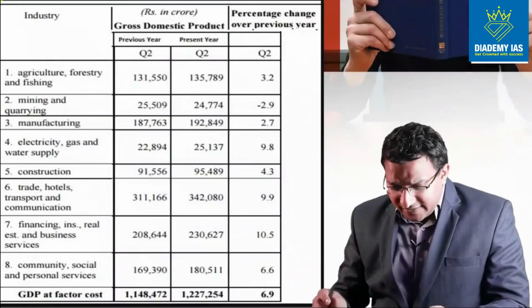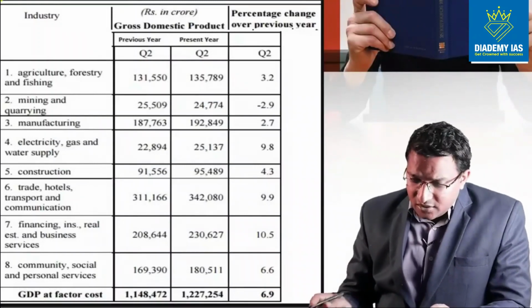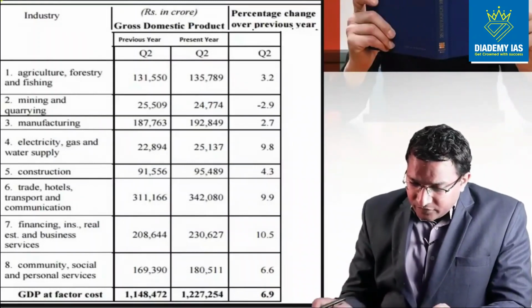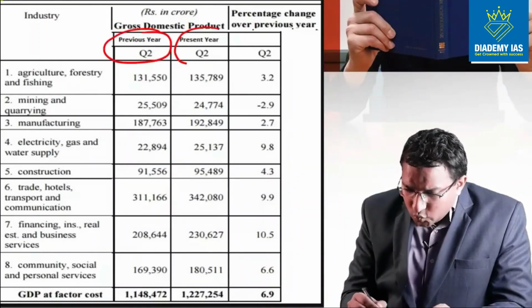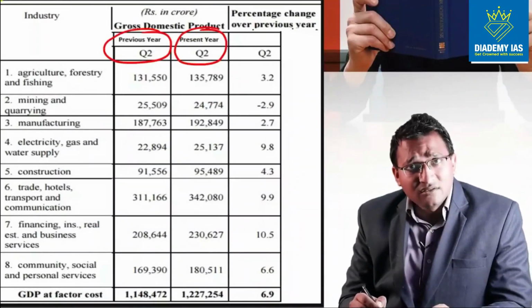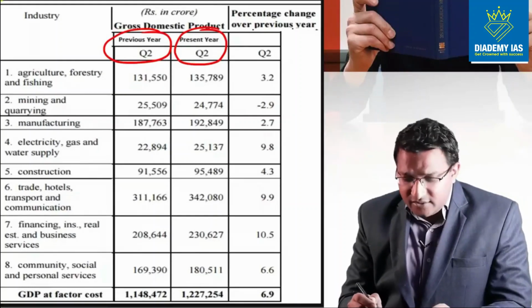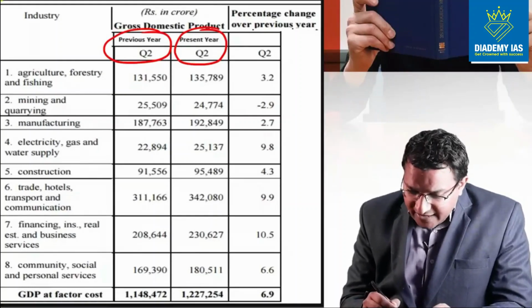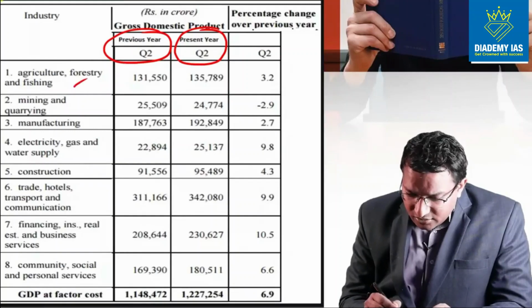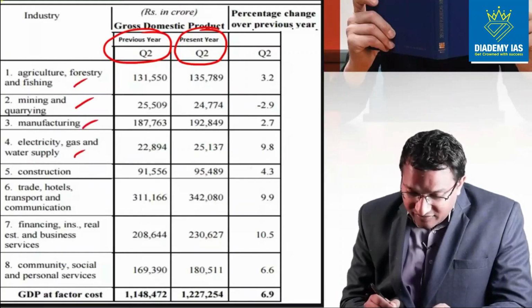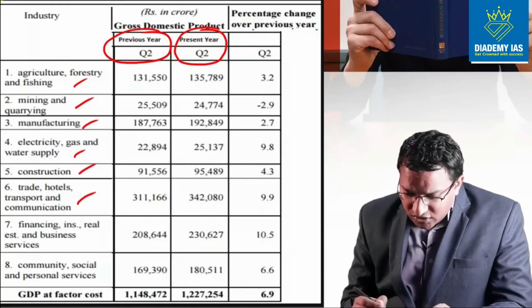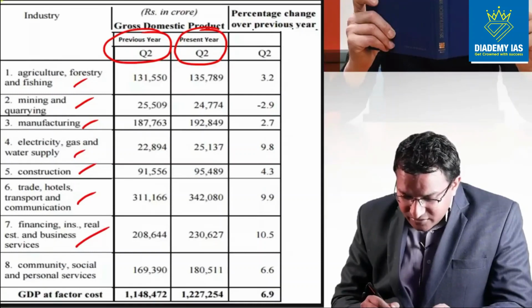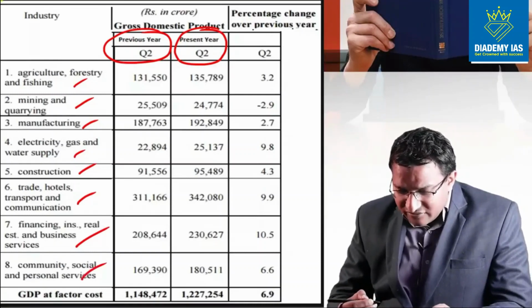So this is the paper that I have taken from the government sources. Here you can see the previous year quarter 2 and the present year quarter 2, the 2 different figures have been taken. So we are calculating year on year, and here we can see agriculture, forestry and fishery, mining and quarrying, manufacturing, electricity, gas and water supply, construction, trade, hotels, transport and communication, financing, insurance, real estate, business services, community, social and personal services.